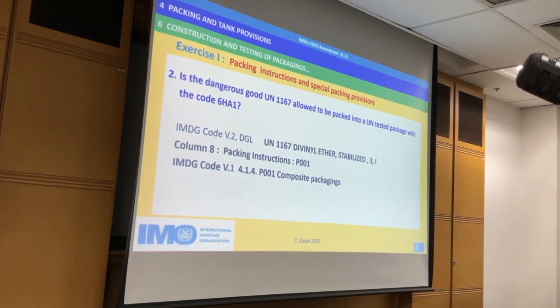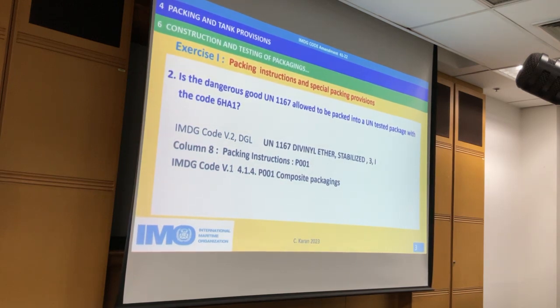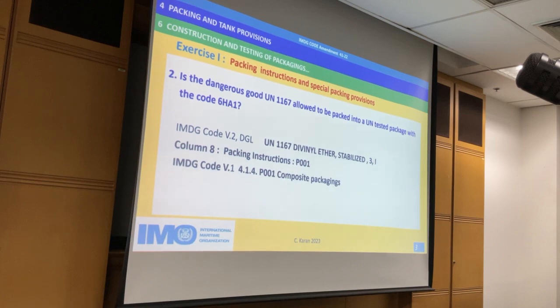Did you find HA1? Yes, just in between the composite packages. So we prove that it's a composite package. Because HA1 is a composite, we have 2 letters. Are you listening?